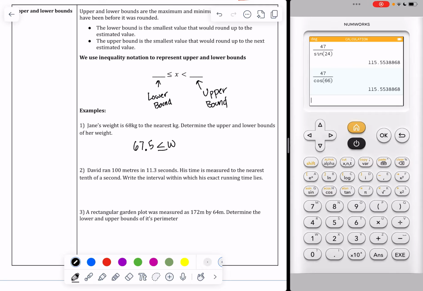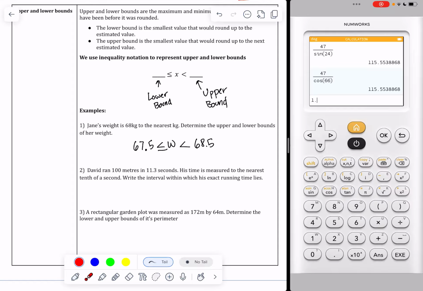On the flip side, we're going to keep rounding to 68 as long as we are less than 68.5. And I know you might be thinking, wait, 68.5 would round up to 69, and it would. That's why we're using the less than sign. We're saying you must be less than 68.5.